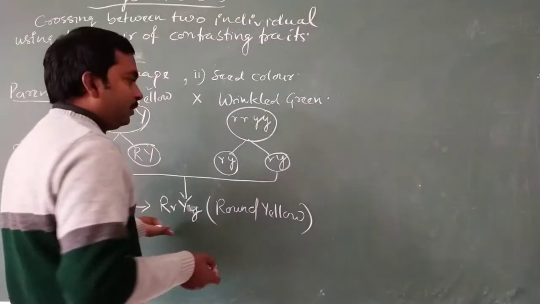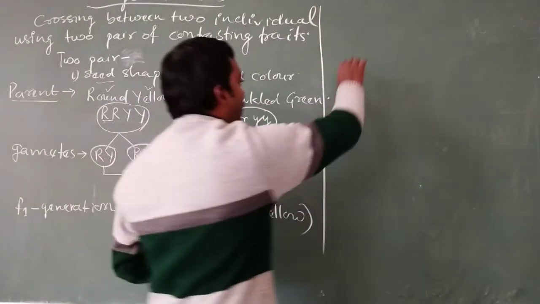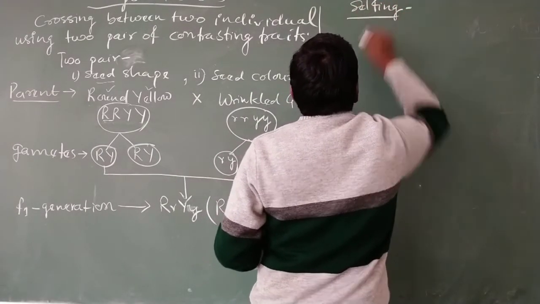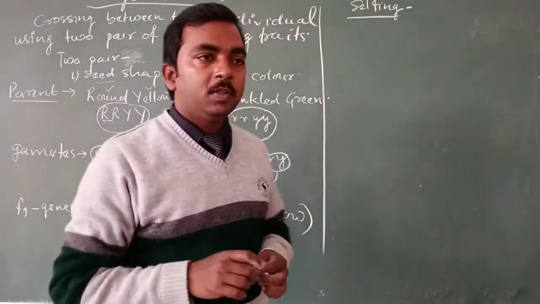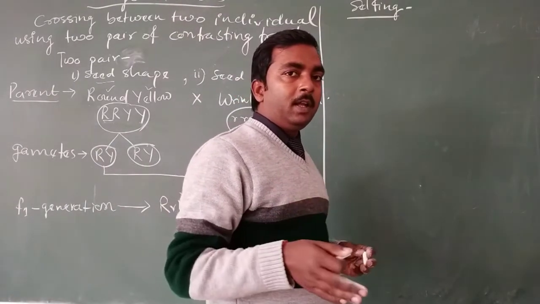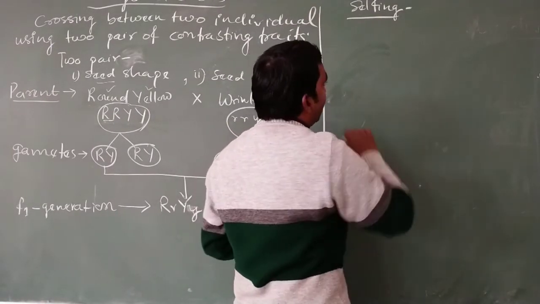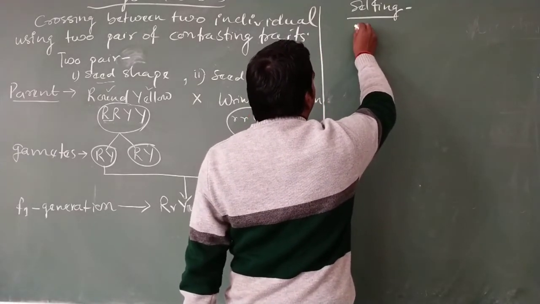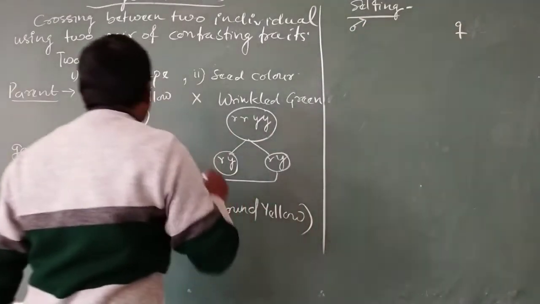Then after crossing, we do the process of selfing. During the selfing process, the plants of the F1 generation are taken for selfing.